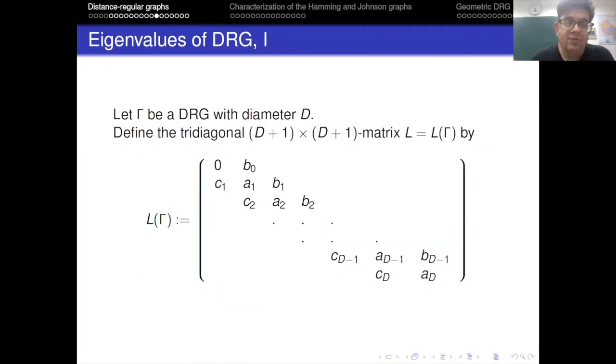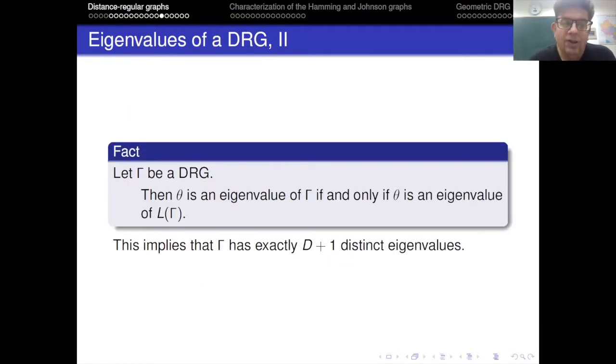Now I will look at the eigenvalues of a distance-regular graph. First I introduce the matrix L, and that looks like this tridiagonal matrix: 0, b0; 1 (c1), a1, b1; c2, a2, b2; and so on. It is a (d+1) by (d+1) matrix L. And this is an important matrix for us because if gamma is a distance-regular graph, then theta is an eigenvalue of gamma if and only if theta is an eigenvalue of L(gamma).